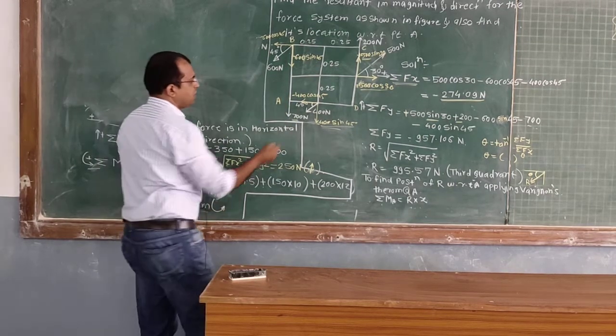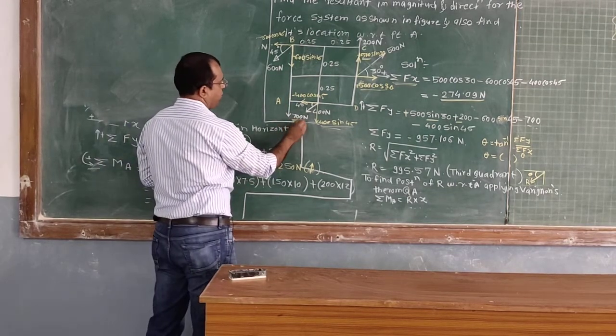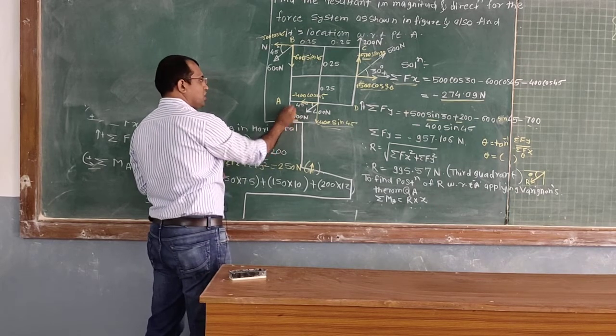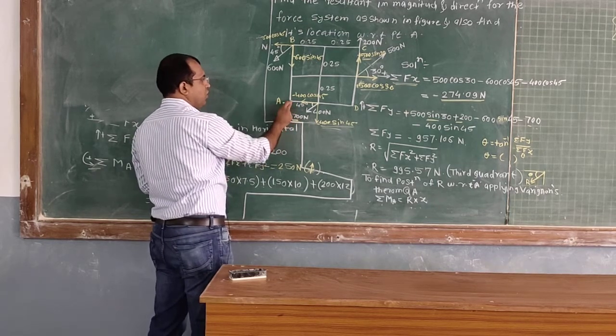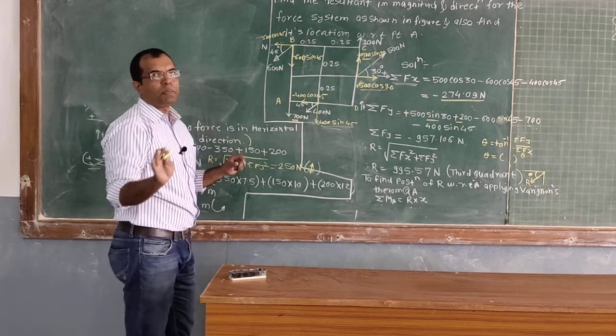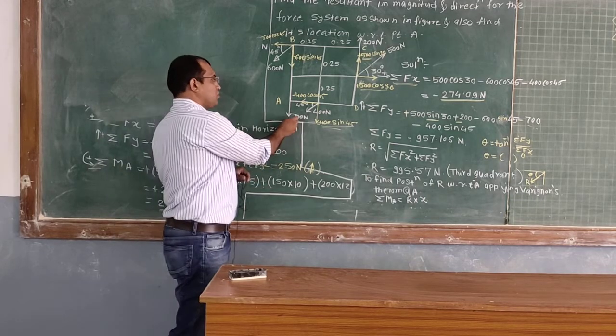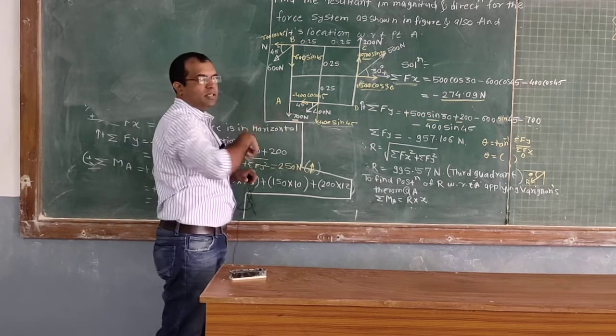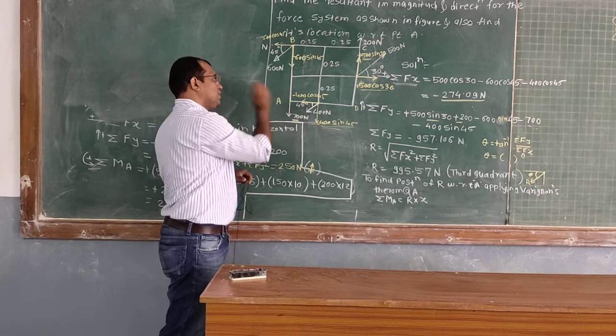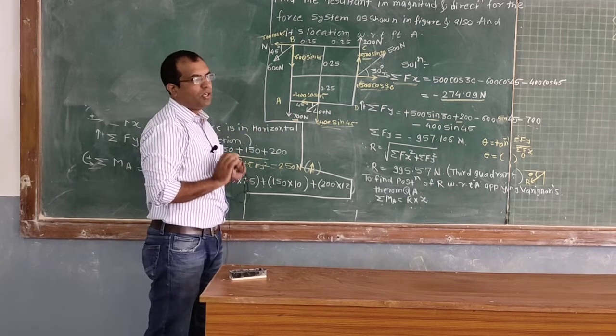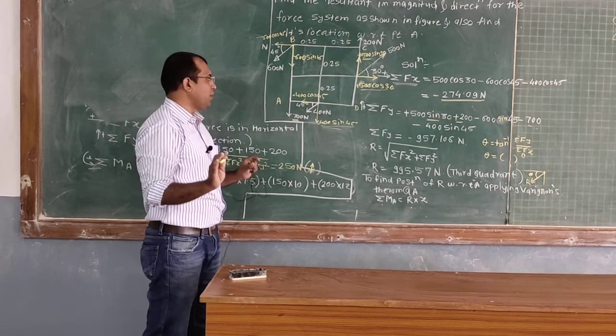Let's begin with this force first, the 700 Newton force. The 700 Newton force is passing through point A, so it will not create any moment, because the perpendicular distance of this force from point A is 0. As this force itself passes through point A, it will not create any moment about point A.